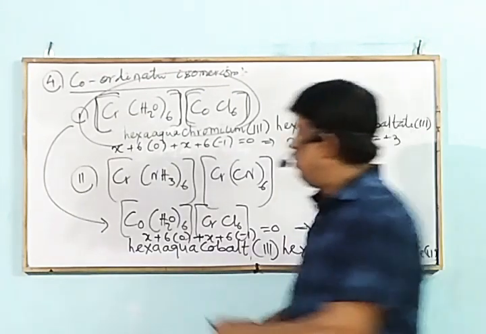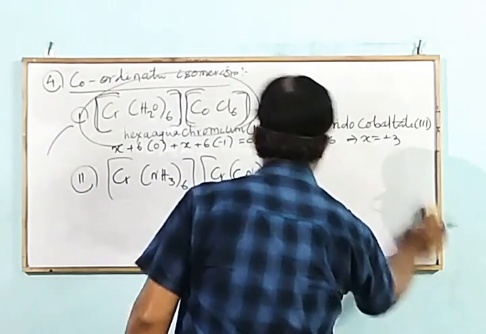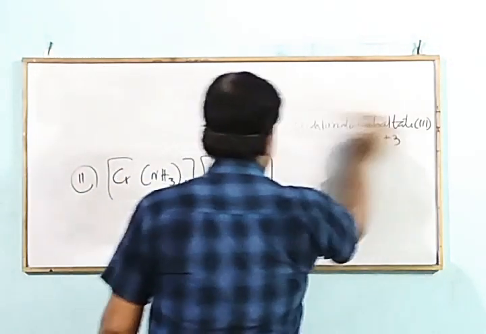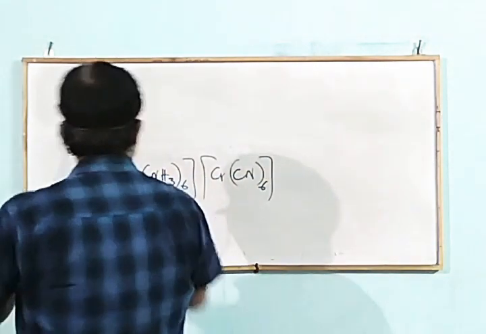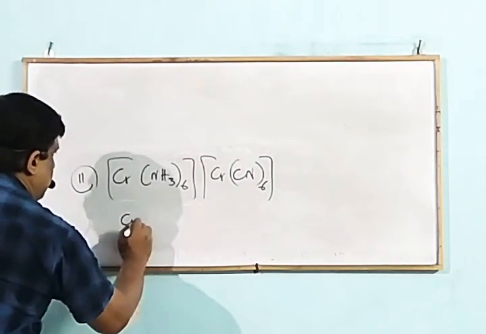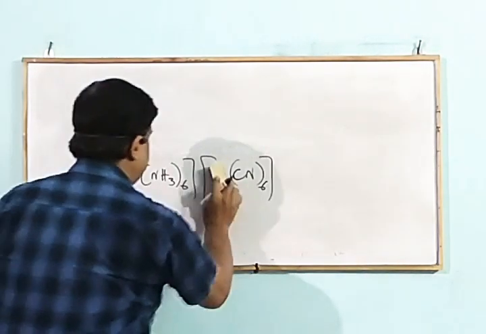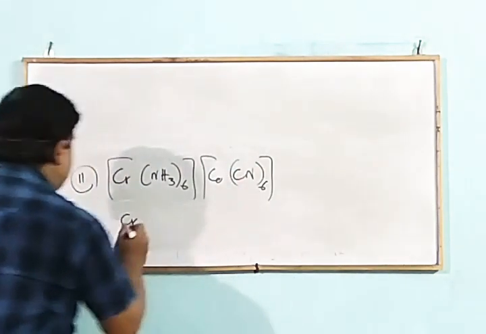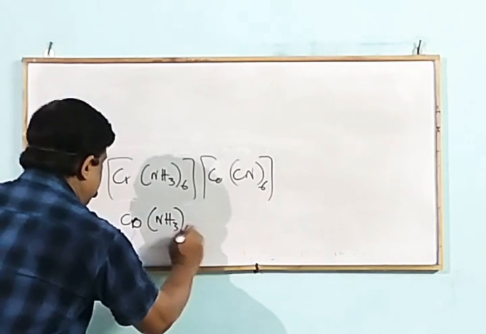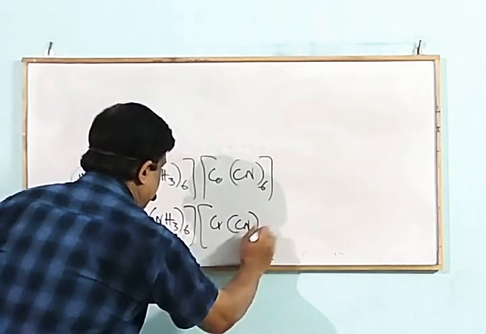Move to the second example. Another example is there. Mark that. Here its isomer is [Co(NH3)6][Cr(CN)6].